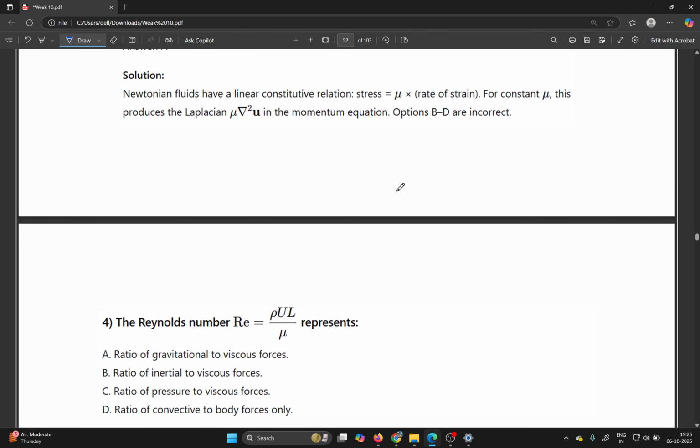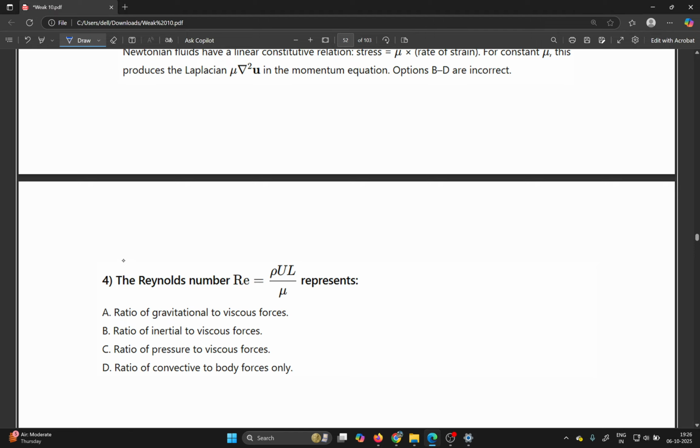So now let us move on to the next question. The Reynolds number is rho times the average velocity, remember please, times the characteristic length, divided by the dynamic viscosity.